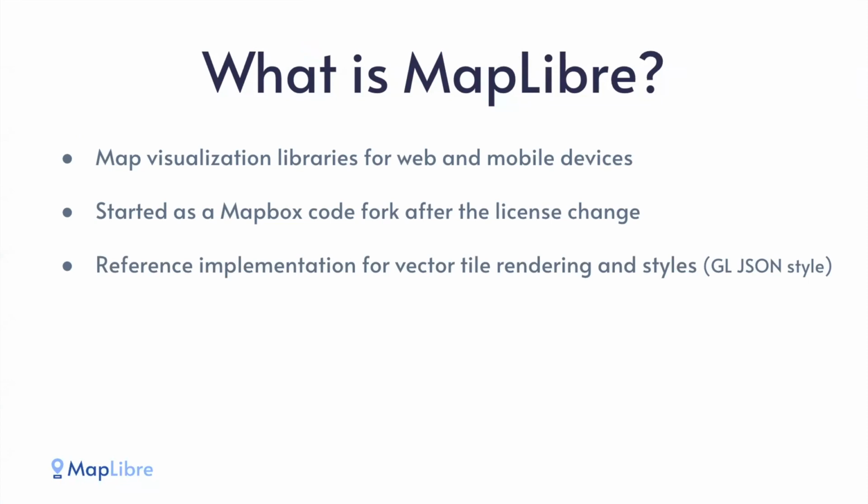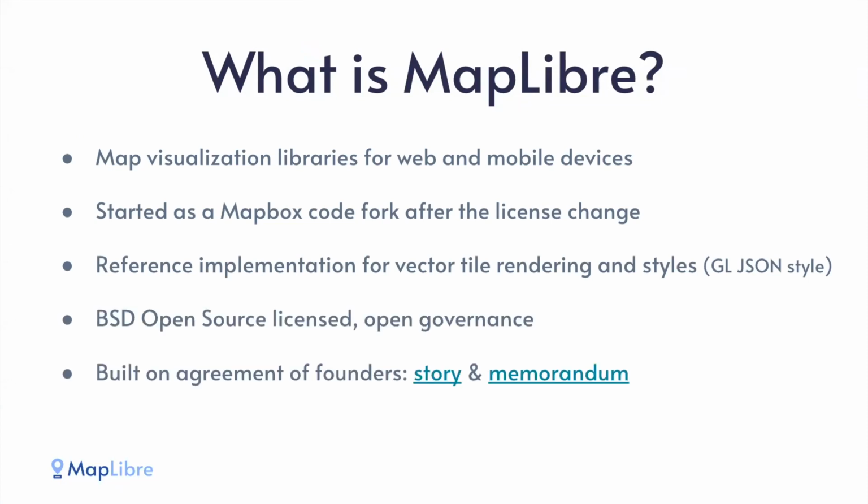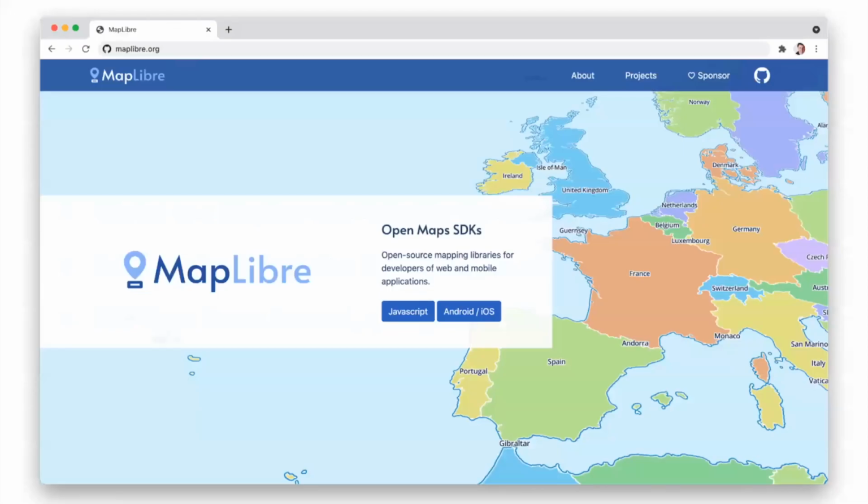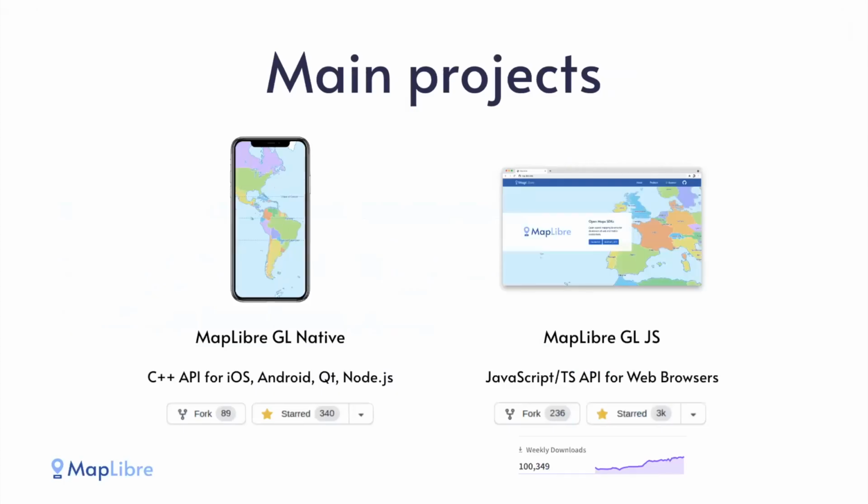It's a reference implementation of vector tiles in the open with a BSD license, and it's fully controlled by the community. There is a voted board and technical steering committees and several people involved. So it's not in control of any single company. You can find everything about MapLibre at maplibre.org. So that's kind of the main entry point.